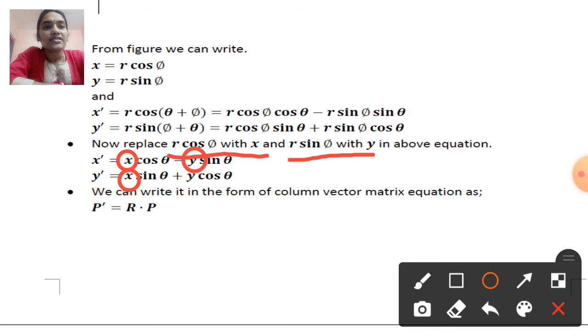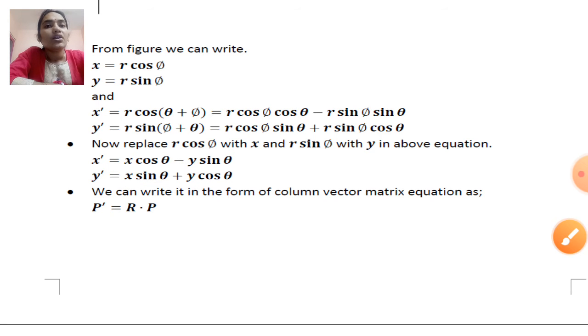And r sin φ cos θ, in place of r sin φ we can write y. So y' is x sin θ + y cos θ, and x' is x cos θ − y sin θ.